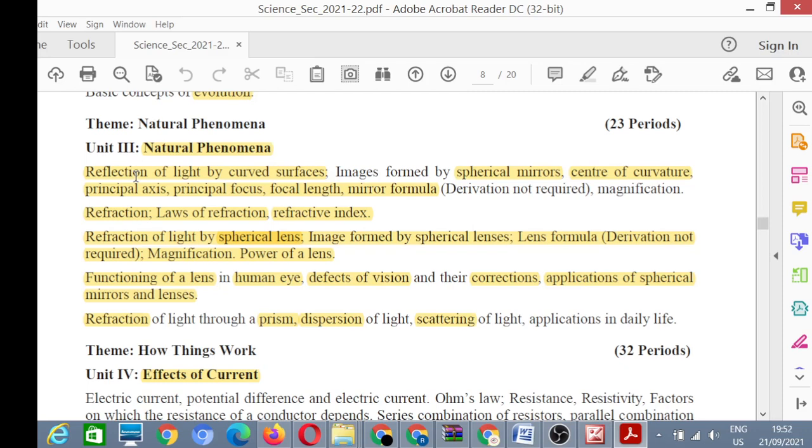The surface does not allow the light to pass through. For example, a mirror has a polished surface, so light strikes the mirror and returns to your eye, and you see the image by reflection.